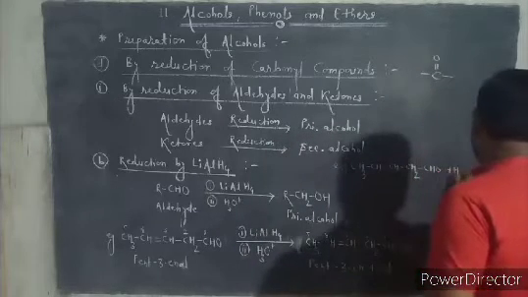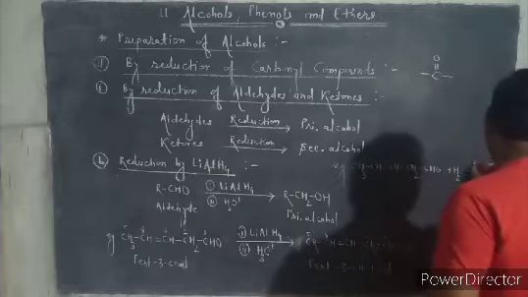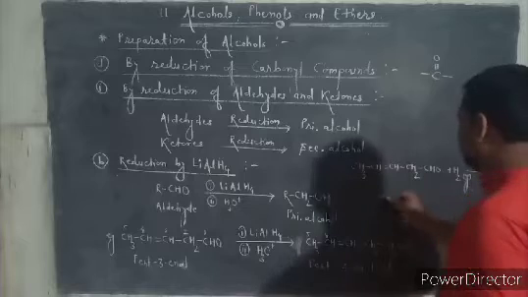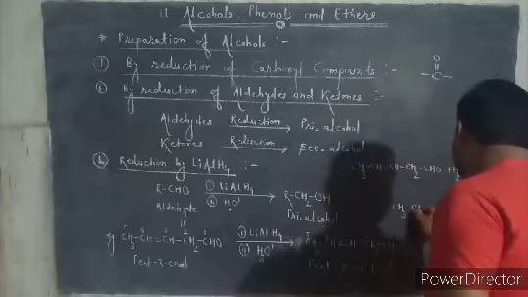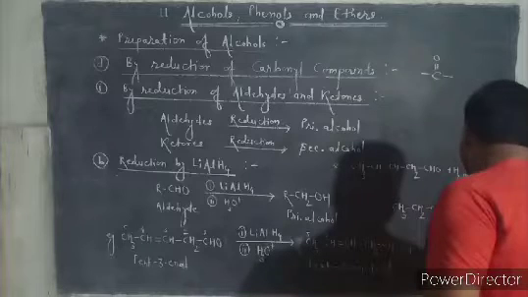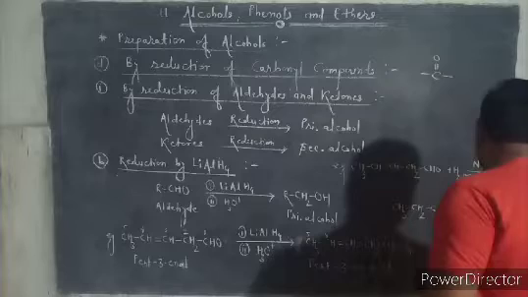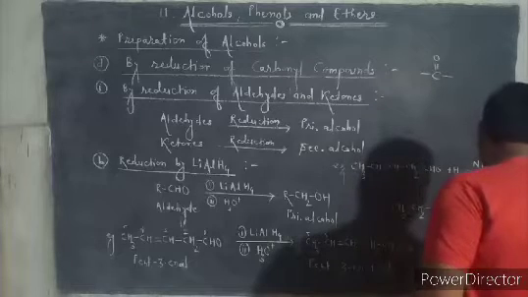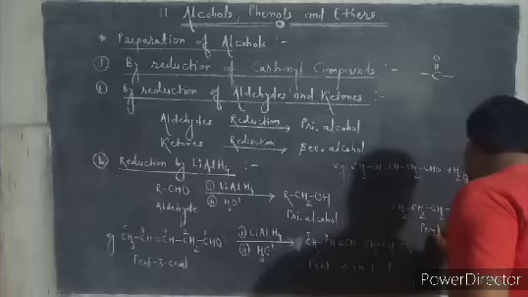On catalytic hydrogenation with nickel catalyst, it gives the product CH3, CH2, CH2, CH2, CH2OH, that is pentanol.